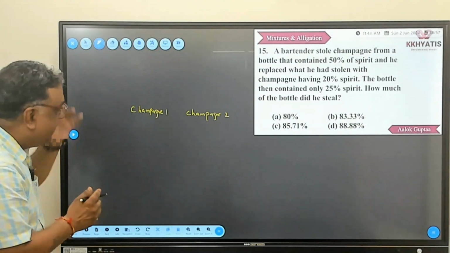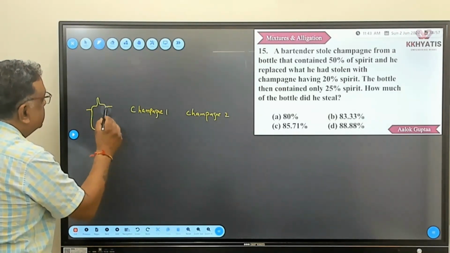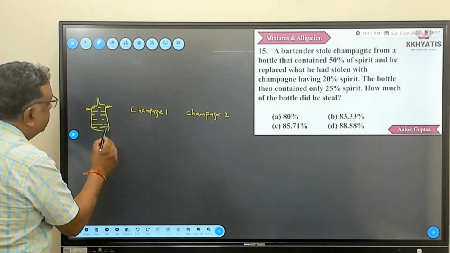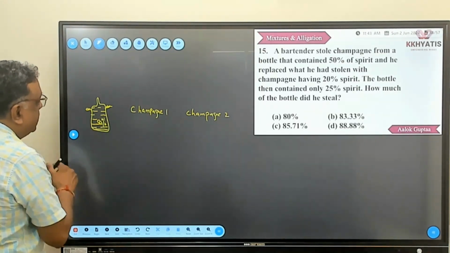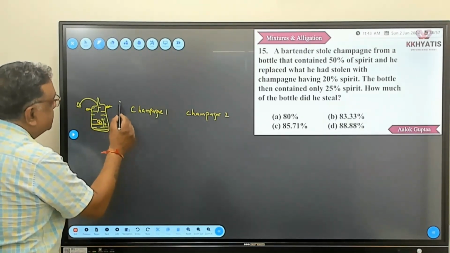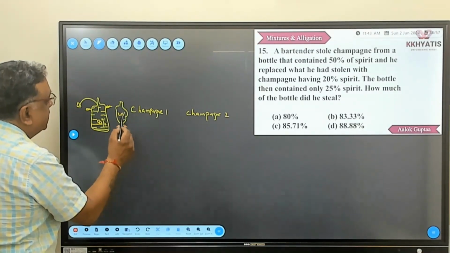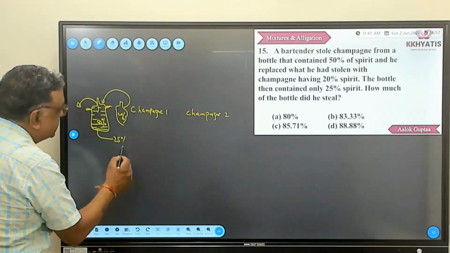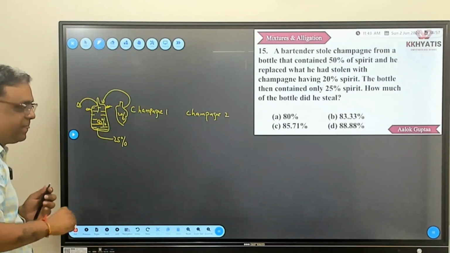If this was my bottle, with 50% concentration, I removed something out of here, and that was replaced by another bottle having 20%, which then resulted in this concentration being 25%. So they've asked me how much I removed from here, out of the initial quantity.